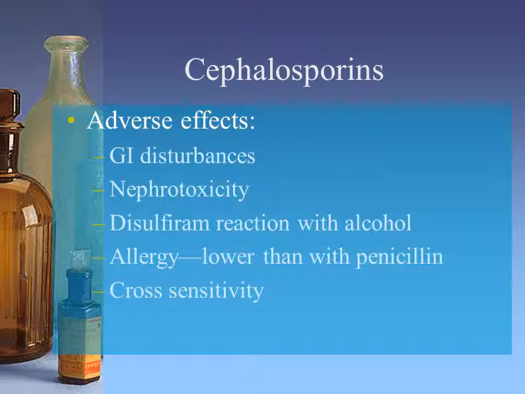Another interesting thing with cephalosporins is they can cause a disulfiram reaction when combined with alcohol. Disulfiram you might not know by that name, but you might know it by the name of Antabuse. Disulfiram, or Antabuse, is a medication that we give to alcoholics to deter them from drinking. What happens is when taking this medication, if someone has a drink of alcohol, they will become violently ill: nausea, vomiting, and headache.